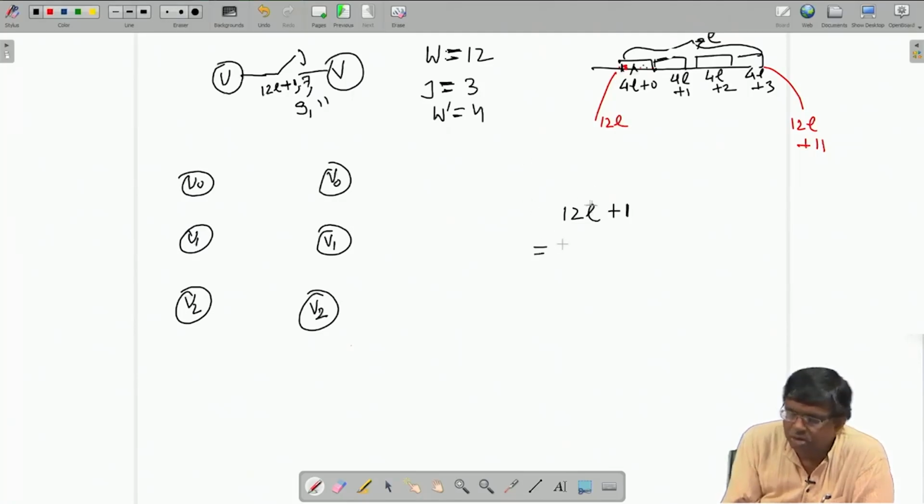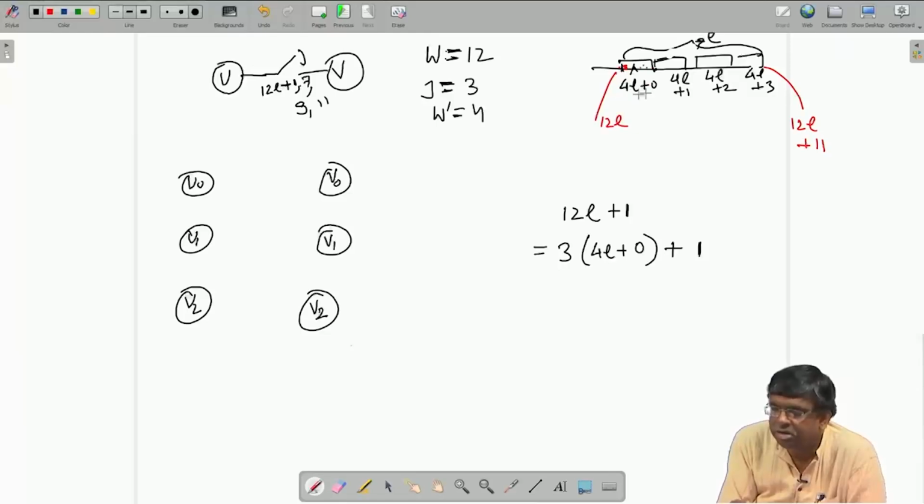Take J common, J is 3. So 12L becomes 4L, then divide 1 by 3, the quotient is 0 and the whole 1 is left as remainder. So in the 4L plus 0th digit cycle, and which point within that? Not the starting 0th point, but point 1. I have 0, 1, 2, 0, 1, 2, 0, 1, 2.